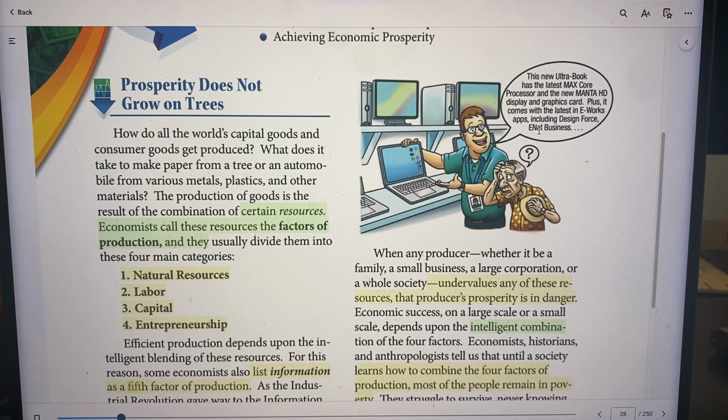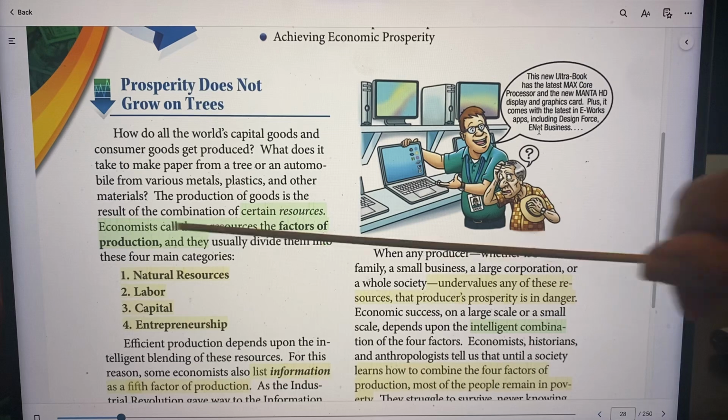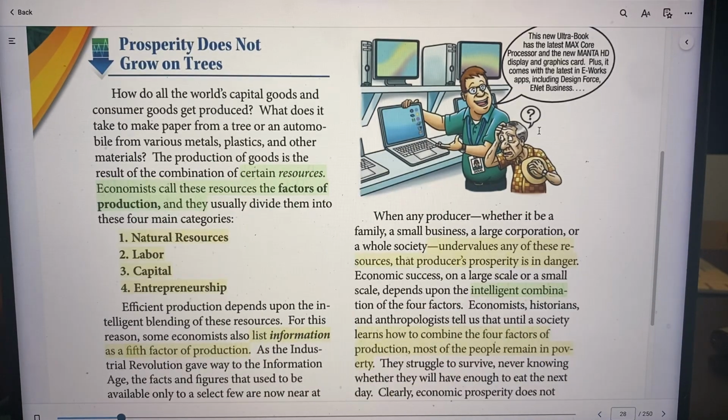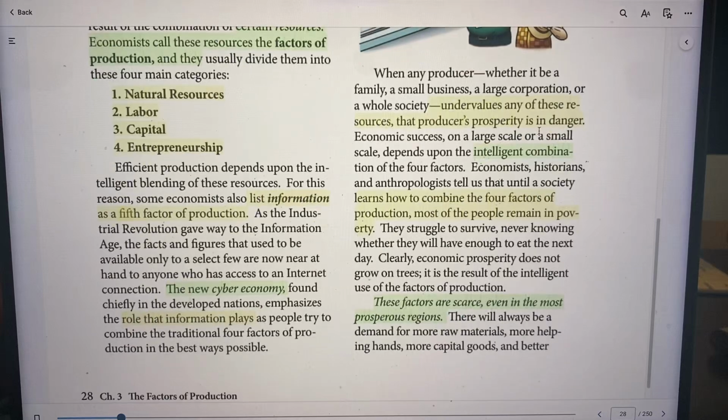Economic success on a large scale or small scale depends on the intelligent combination of those four factors. And economic historians and anthropologists tell us that until a society learns how to combine the four factors of production, most of the people will remain in poverty. So learning how to combine those four things is important in a prosperous economy. So let's go on to the next.